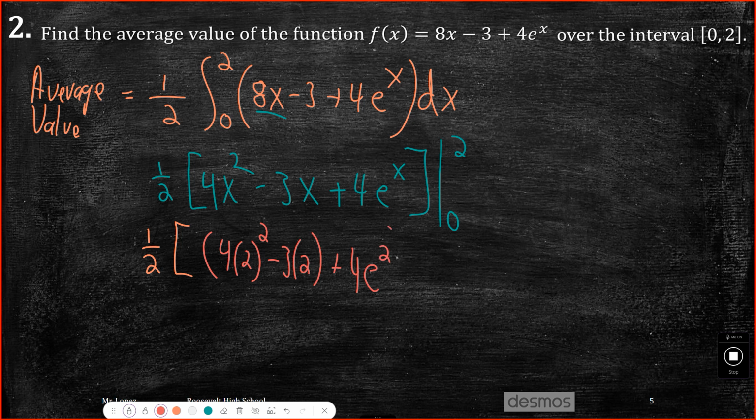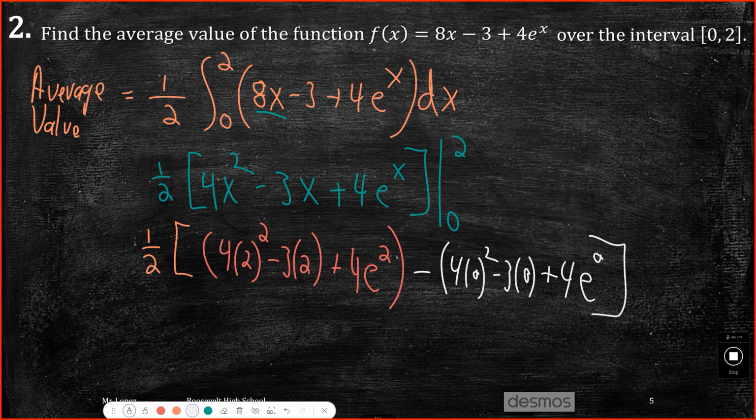Okay, and then we're going to do the 0 part, so we're going to subtract. Well, this is going to become 0, that part is 0, and then plus 4e to the 0. Parentheses around here, to be more proper.